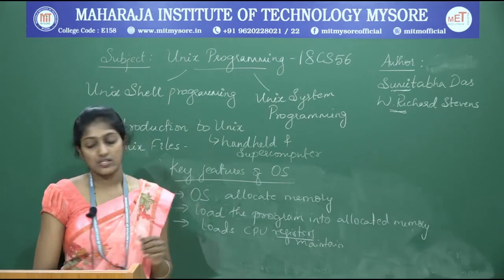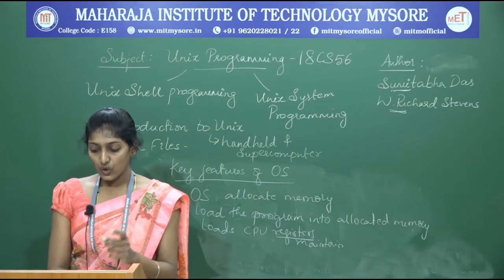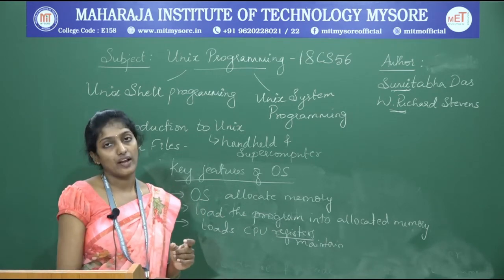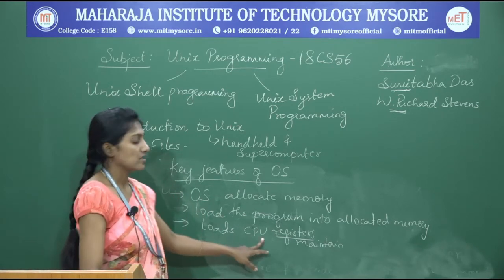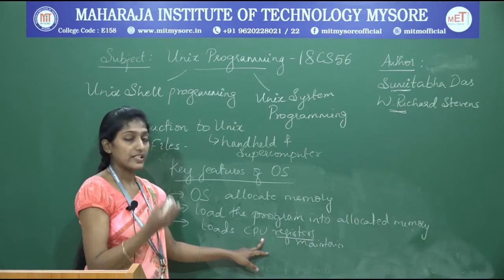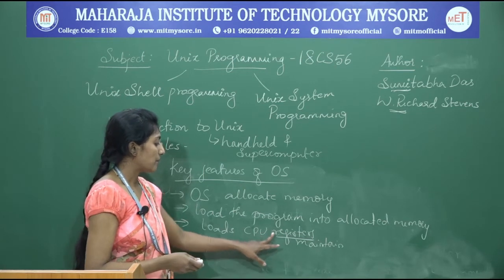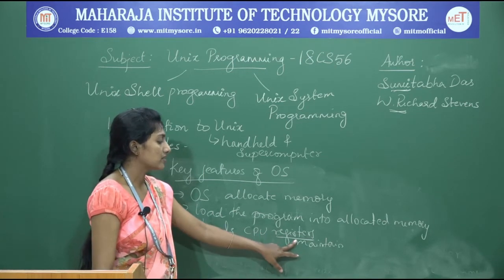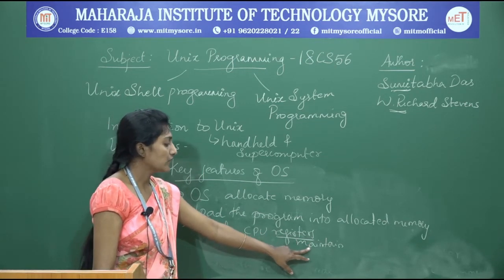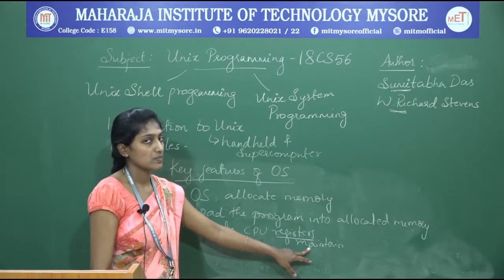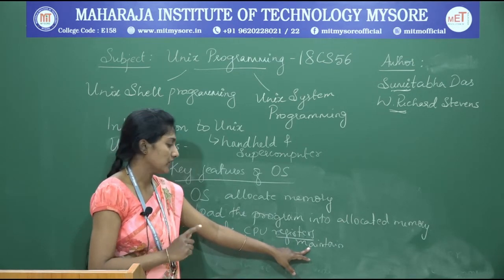The control information related to the program is handled by the CPU registers. All the instructions provided to that program will be controlled by the CPU, and the registers maintain the memory allocations provided to each segment of a program.